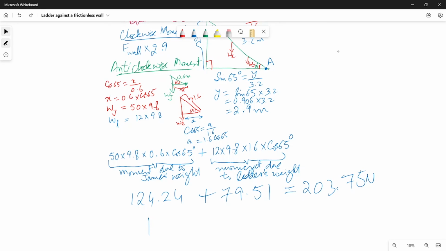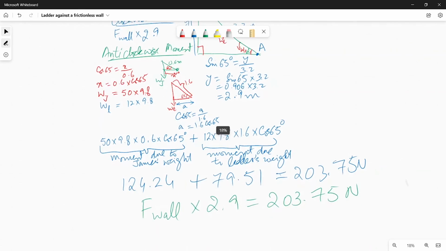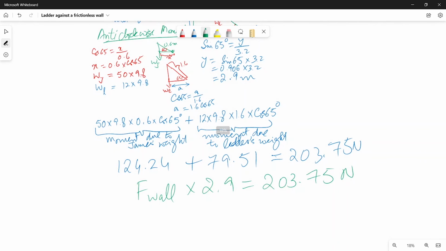Let me take another color so that it's more clear. F wall times 2.9 is 203.75. So it means F wall would be 203.75 divided by 2.9.